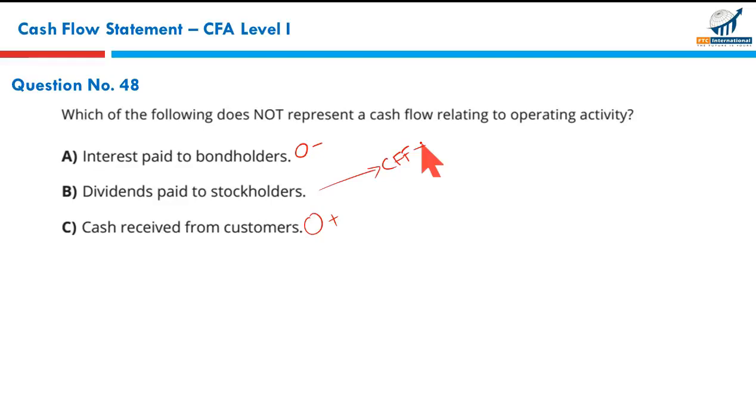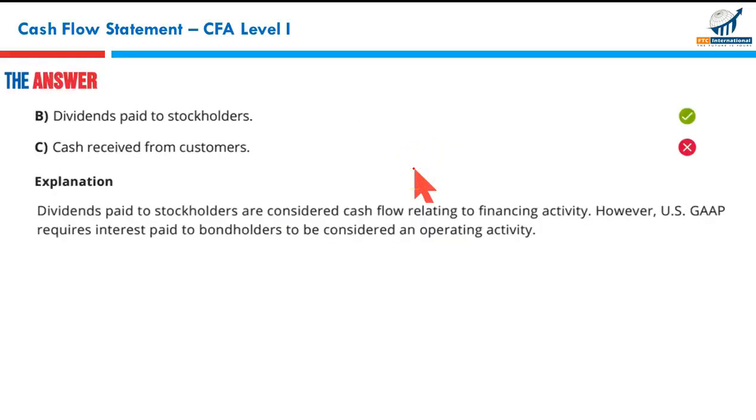When the question is silent, you must take it for granted that it is to be solved under the US GAAP. There is no mention of IFRS or US GAAP, so it is US GAAP, and under the US GAAP, dividend paid to the stockholders is cash flow from financing. So this is not an operating cash flow, hence that's our right answer. B is the right answer.